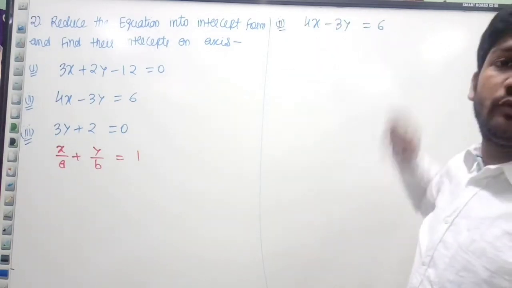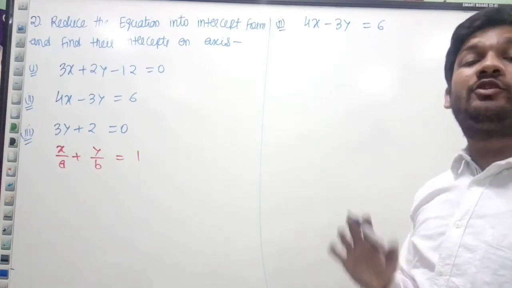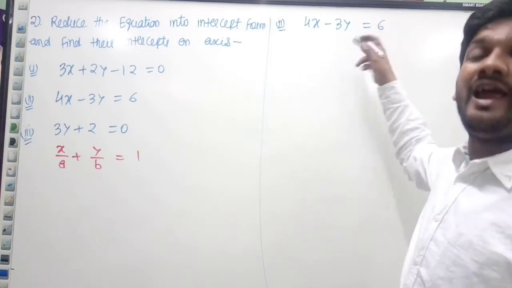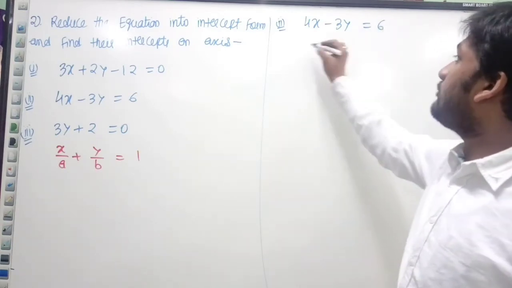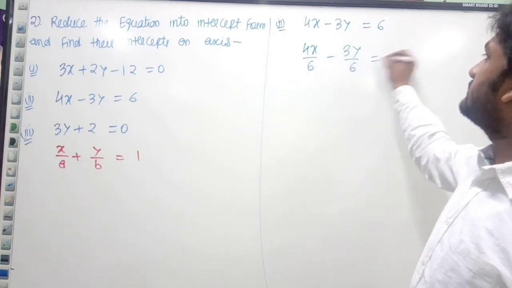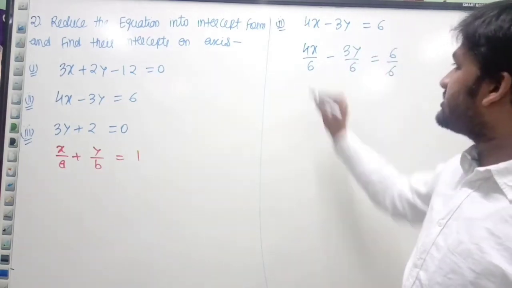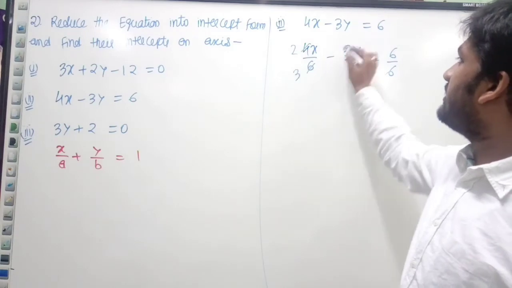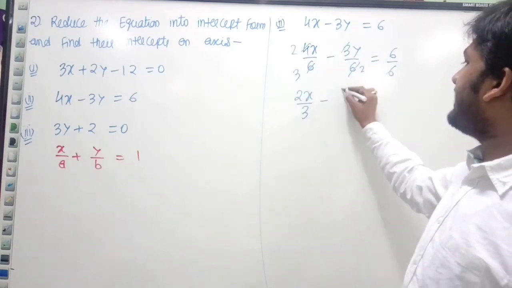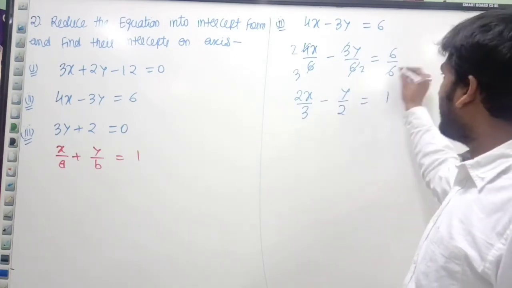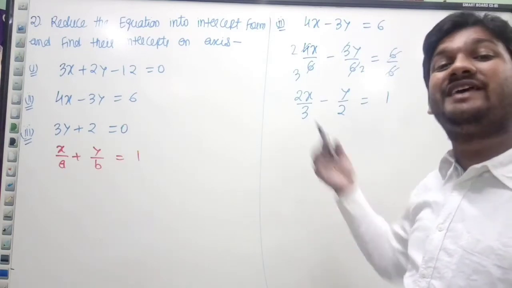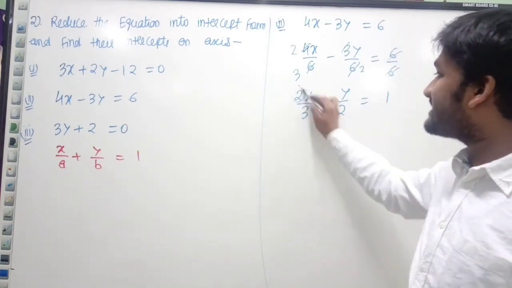4x minus 3y equal to 6. As I have told, we take the constant term to the right hand side. It is already on the right hand side, and then we divide by the same constant term, means I will divide by 6 both sides. So this is 2x upon 3 minus y upon 2 equal to 1. Now the problem is that everything is x upon, but 2 is extra here.